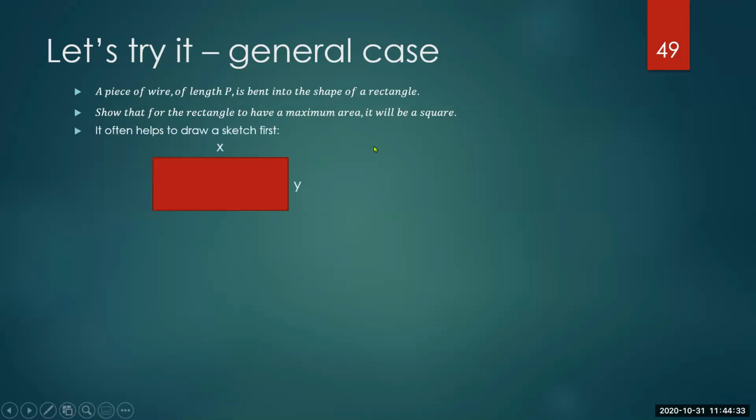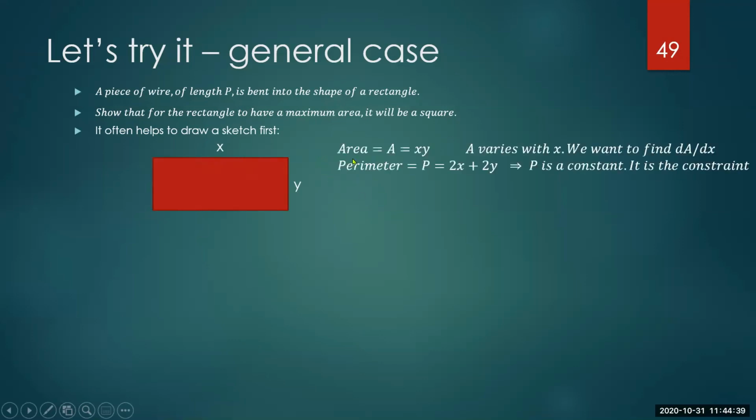And so here's our rectangle, and I'm calling the long side x and the short side y, okay? And so the area is xy. So A varies with x, and we want to find dA dx. We'll come to that in a minute. Now the perimeter, P, that's 2x plus 2y, and P is a constant, it's the constraint.